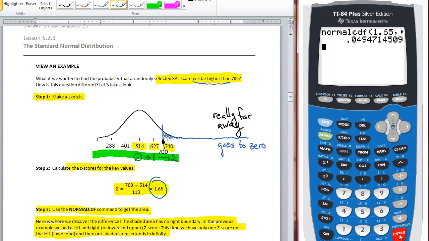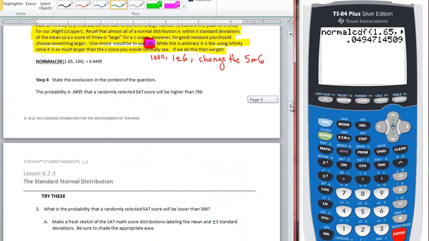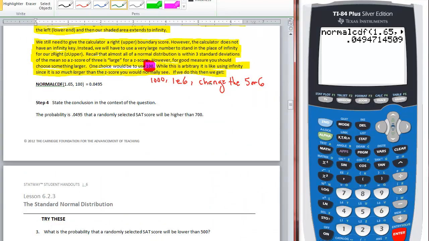Then you hit enter, and there it is, the answer that we were looking for, which is right here, 0.0495. And of course, this would round the fourth decimal to 5. And so that makes us happy, that we've done this in a good way.